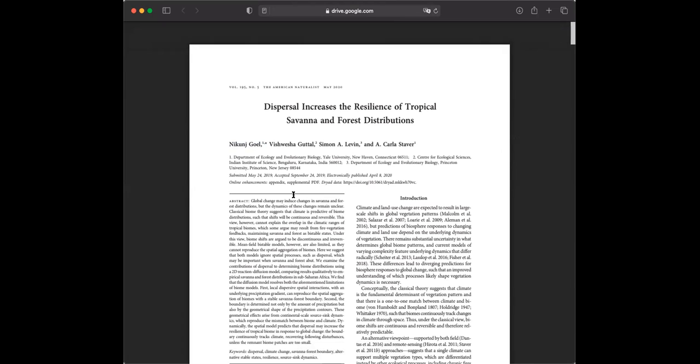And with this paper, he went on to win a number of awards. For example, last year he won Best Theoretical Ecology paper from Ecological Society of America, and previously he had won Best Presentation also from Ecological Society of America based on the work that he presented in one of the meetings.